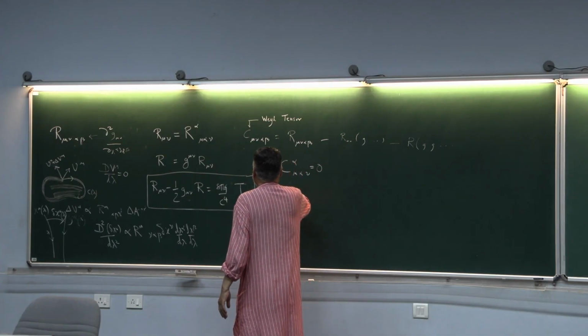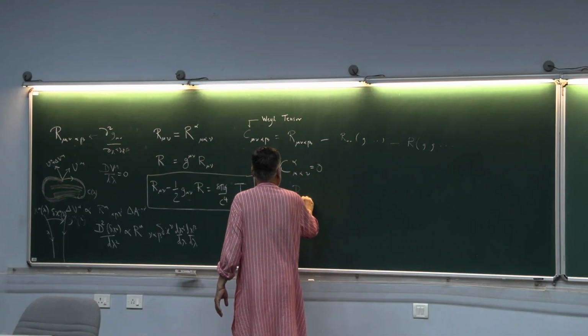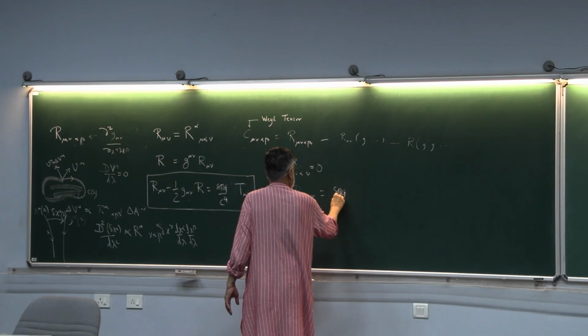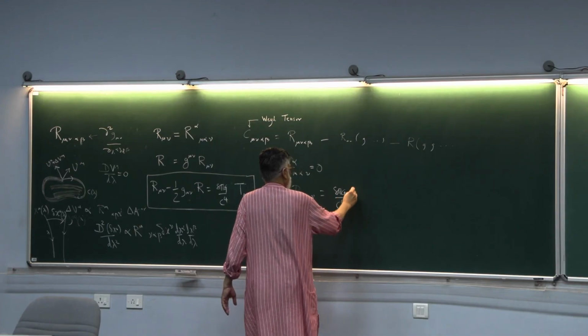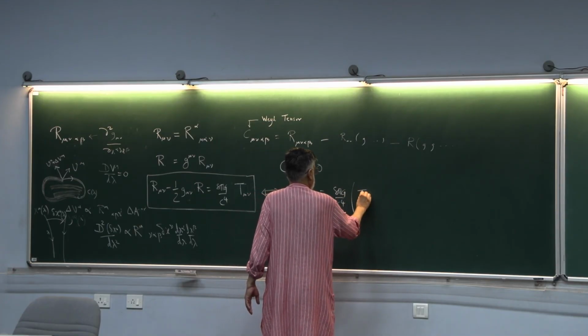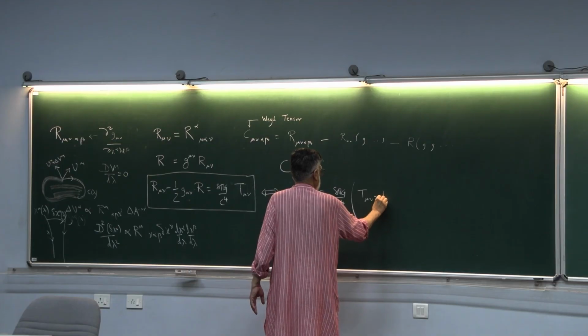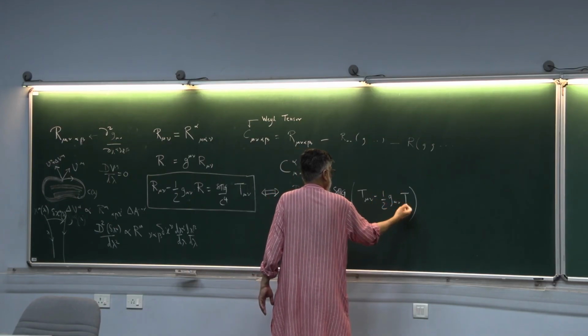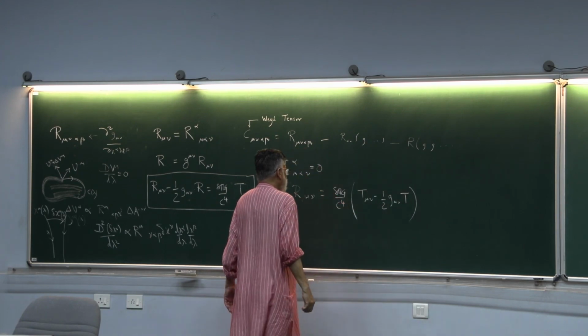You can show that this can also be rewritten, where T is the trace of the energy momentum tensor.